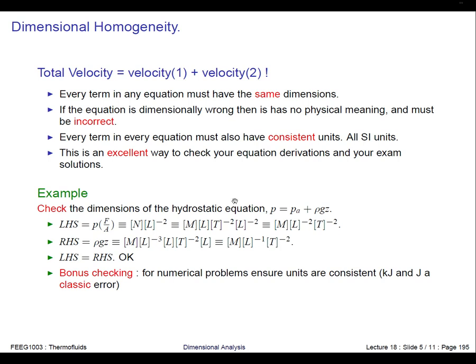If you derive your equation correctly, all of your terms must have the same set of dimensions. So you can check that your left-hand side and your right-hand side all have the same dimensions, and if all of your terms are dimensionally consistent, you can be reasonably sure you haven't made any algebraic slip-ups when deriving your equation.